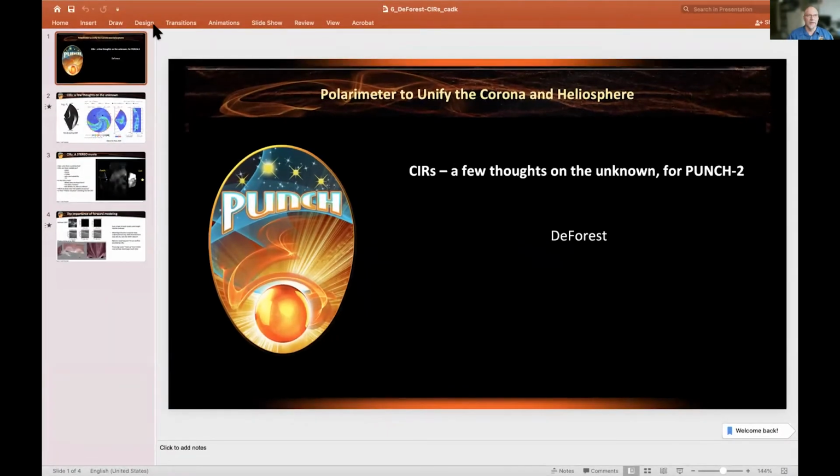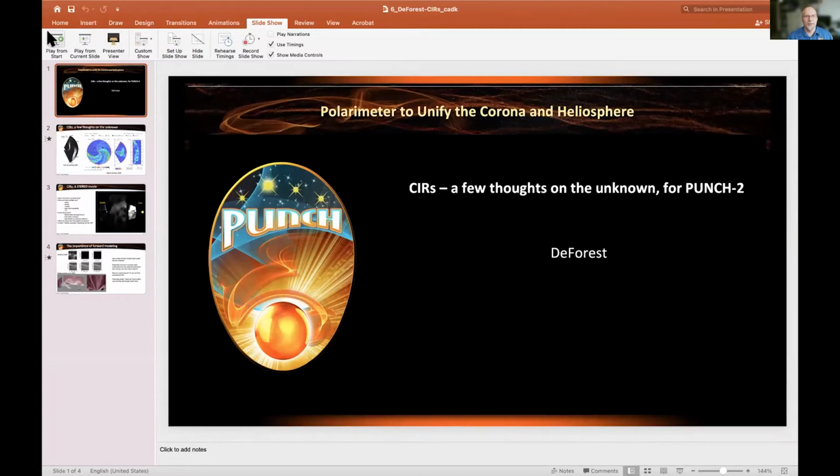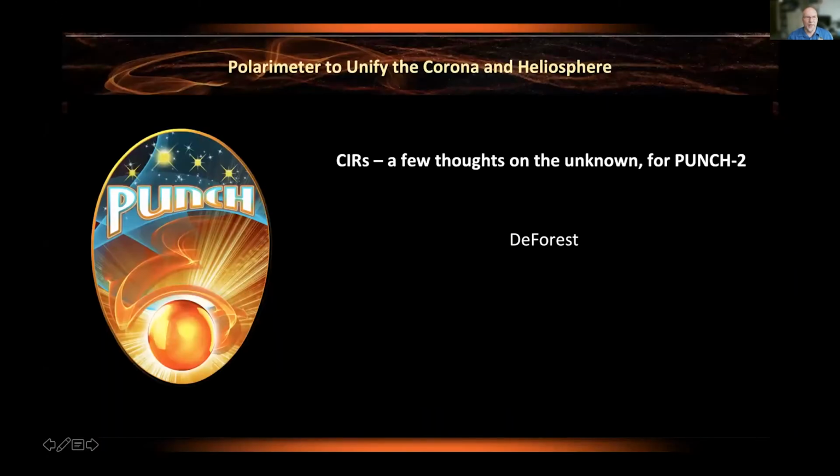CIRs have been measured a bunch of times, but unlike most of the other features we talk about, especially space weather relevant features, they haven't really been subjected to the cross-scale and large-scale analyses that every other part of the solar and heliospheric system has been, largely because of technical difficulties, right? It's just hard to image them. So can we go to the next slide, please?